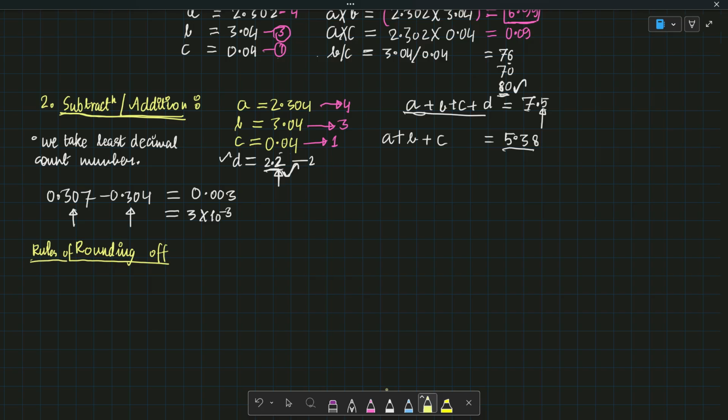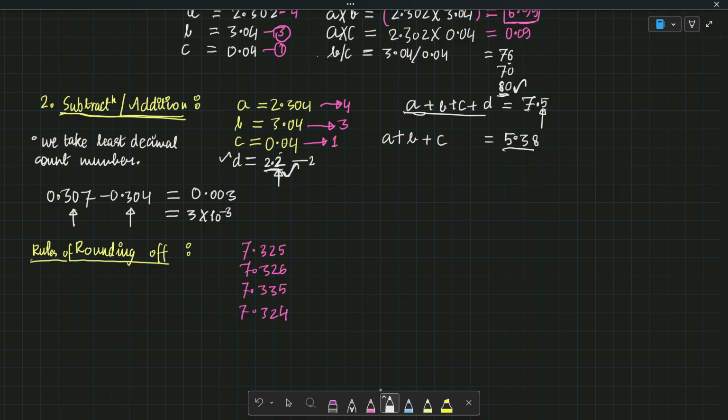Let's take examples: 7.325, 7.326, 7.335, 7.324. So this many variations you will see. We'll learn about the rules while solving them.